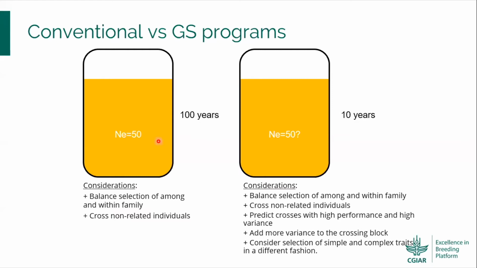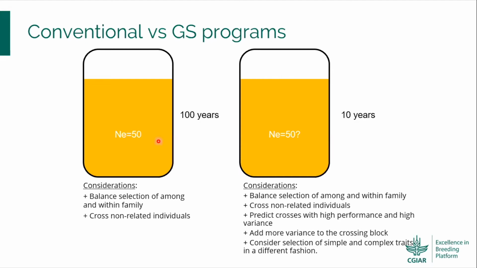So the consideration in the conventional programs is that you still have to exploit the genetic variance properly. That can be achieved by balancing the selection among and within family to ensure that you are exploiting both sources of variation.